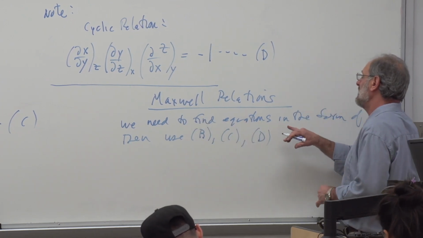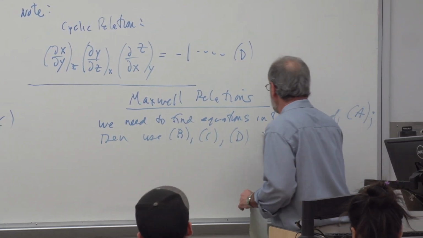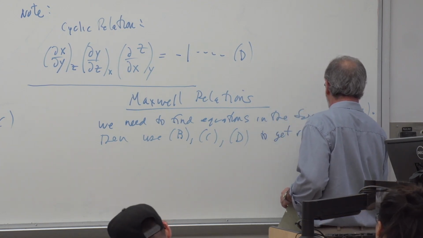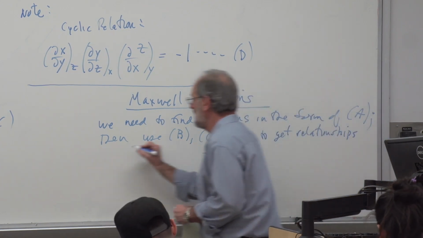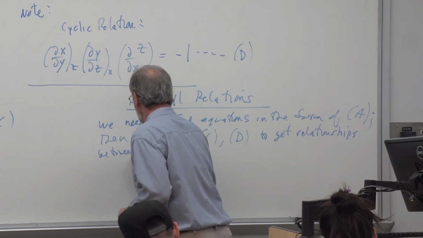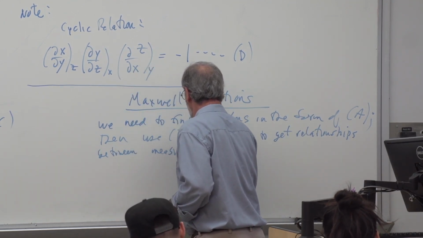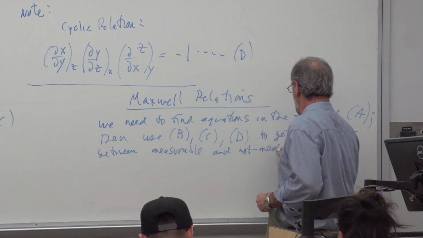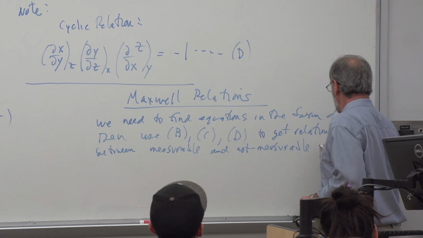So we need to find equations in the form of A, and then use B, C, and D to get relationships between measurable and not measurable properties.